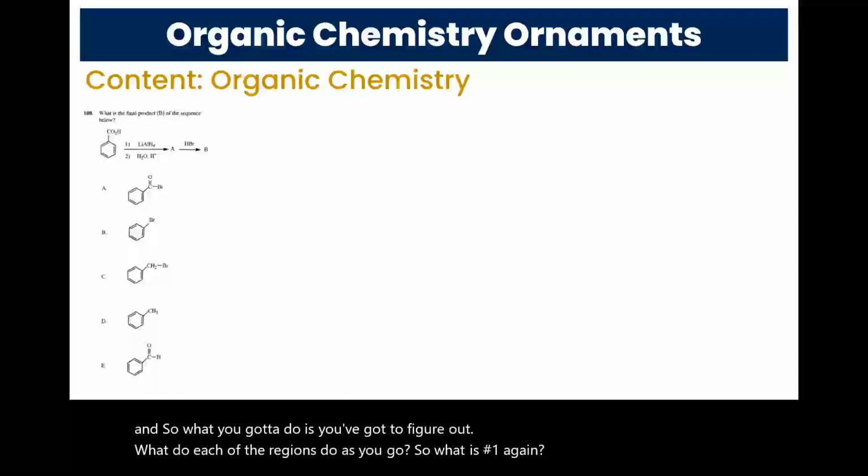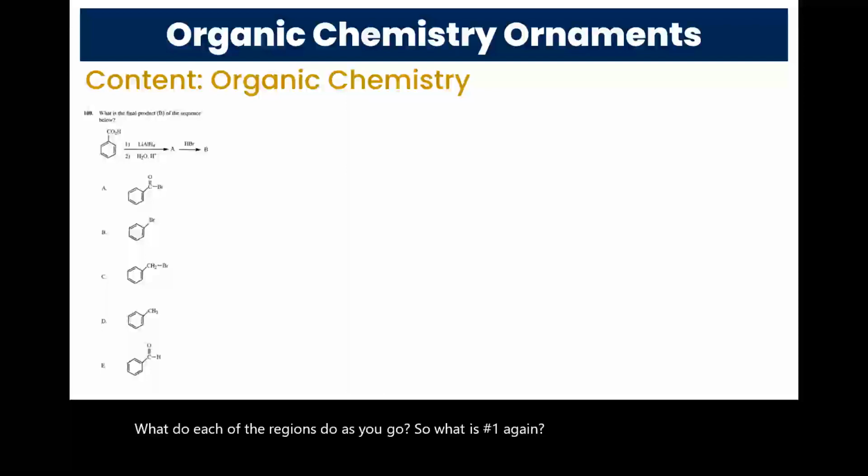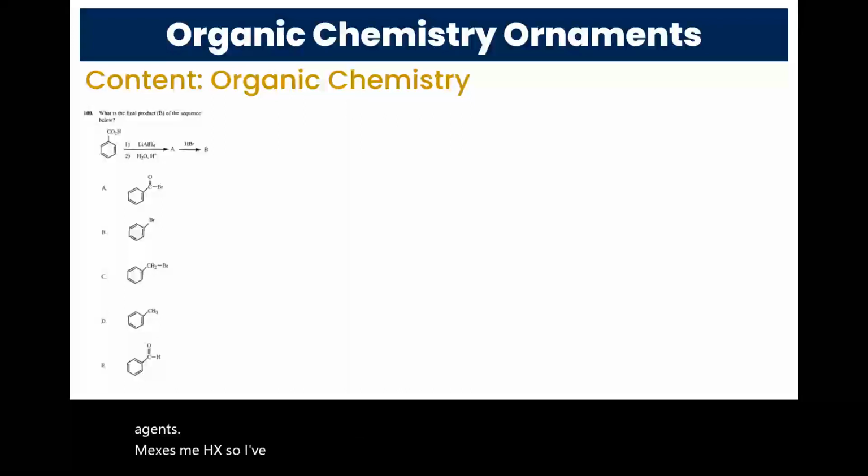Reducing agent. And we know that because what's that abbreviation we could use to remember our reducing agents? MEHX. So I've got a reducing agent here and a carboxylic acid.